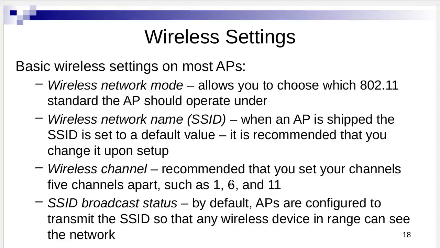Okay, you can also have the broadcast status for a single AP, access point, and so by default access points are configured to transmit the SSID, so that if you have an AP or access point set up and a wireless device comes in, it can send what's called a probe request, and access points will also broadcast saying here is my SSID.